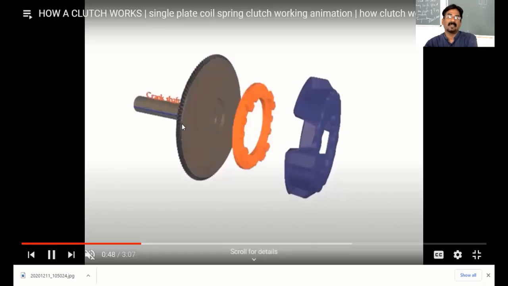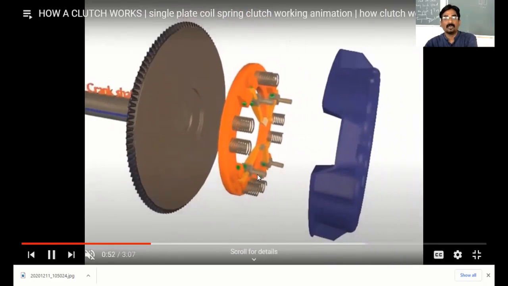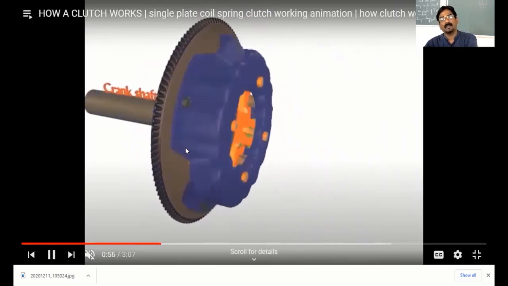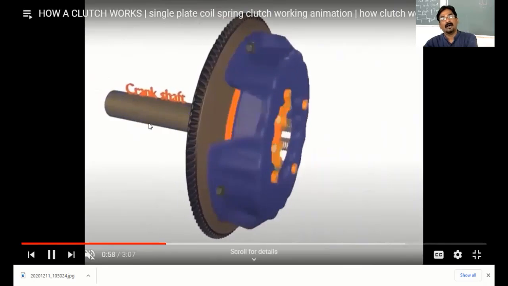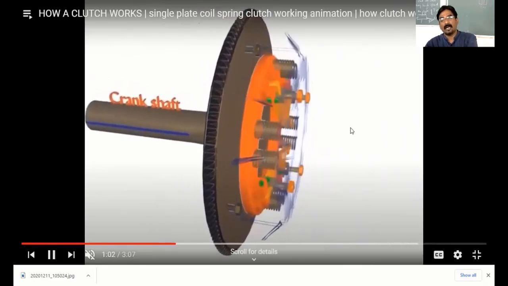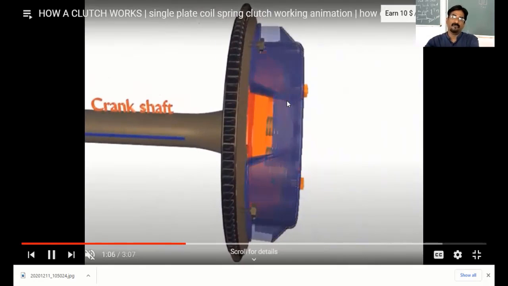Suppose this is considered as a flywheel, and this is the pressure plate. The spring is used. It keeps the pressure on the pressure plate, and it is locked with the clutch cover, and it rotates. This is the crankshaft, and then it is connected to the clutch shaft. Here this is the view of the single plate clutch.